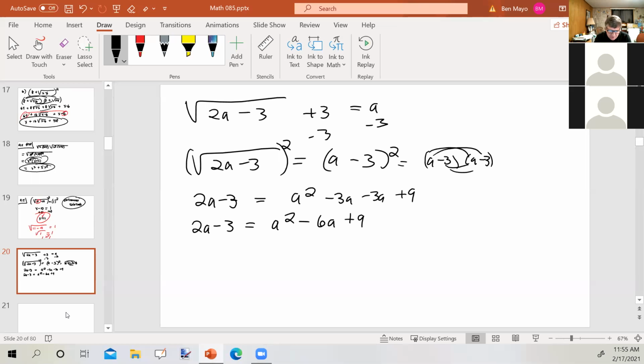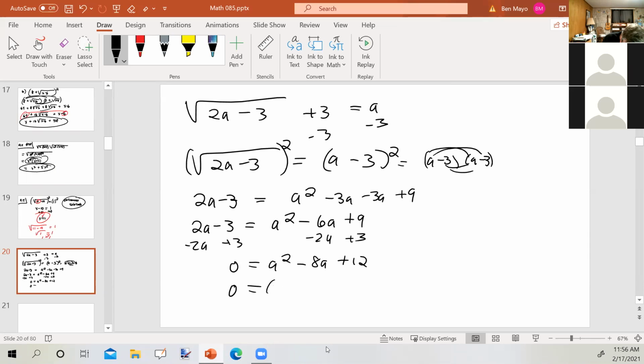Now, this is a second degree equation because of the a squared. So to solve it, I'm going to put everything on one side, set equal to 0 on the other side, and then factor it if I can. So I'm going to put everything on the right side. I'm going to subtract 2a from both sides and add 3 to both sides. So 0 equals a squared minus 8a plus 12.